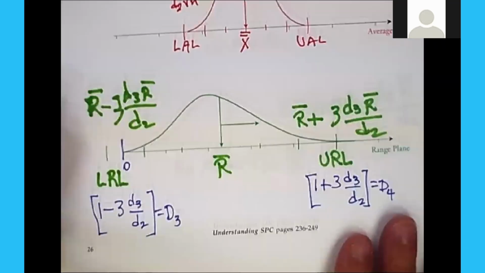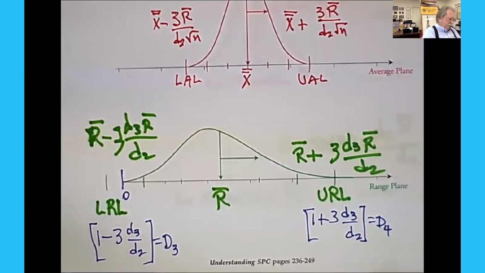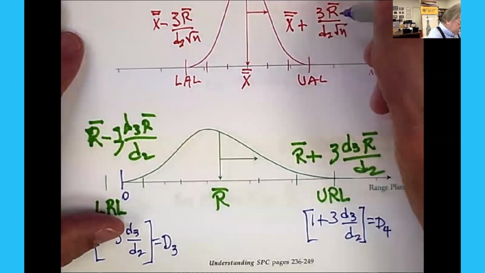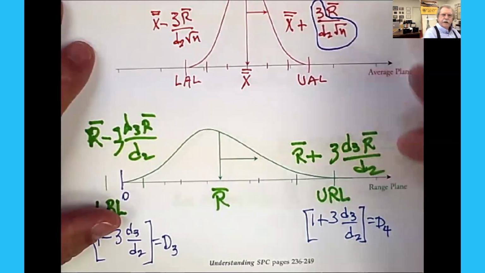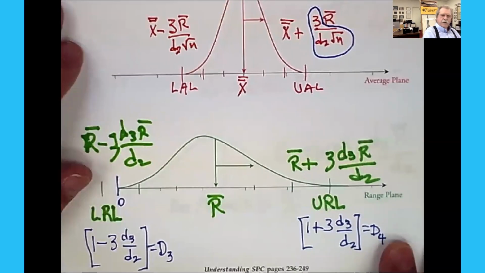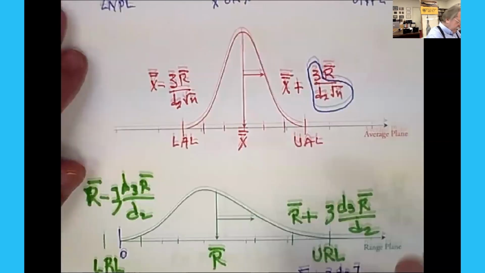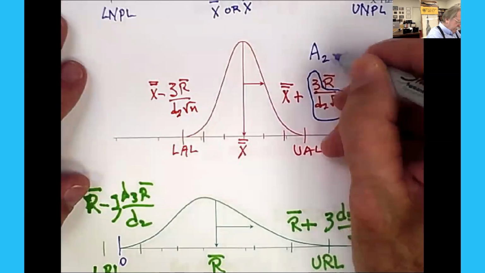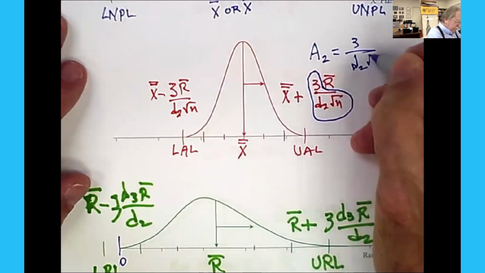If we work our way back up the page, take everything that's multiplied by R bar and isolate it. On the average plane, that's called capital A2. That would be 3 over D2 square roots of n.